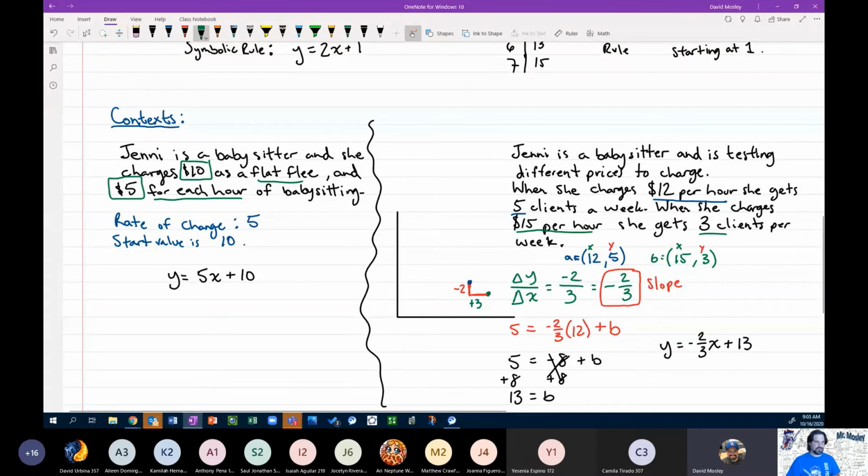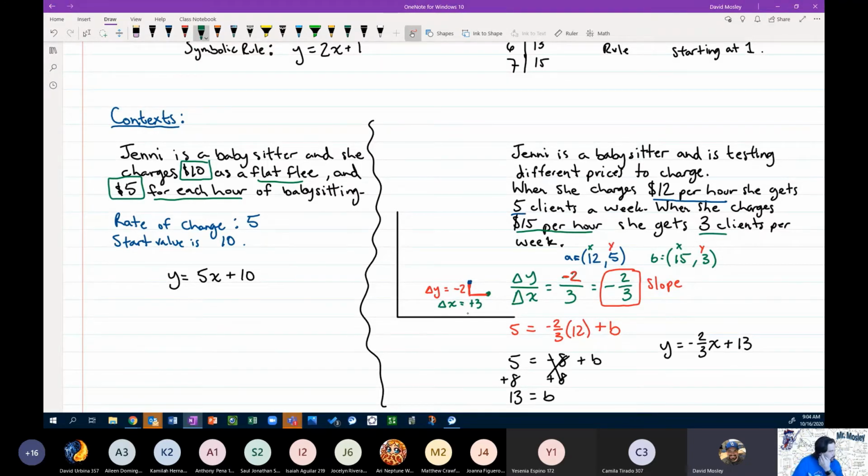So these numbers are what go into our calculation for the slope. We have the -2 here as the numerator, because this is our change in y, and then we have our change in x, +3, as the denominator. So that is what gets us our slope of -2/3.